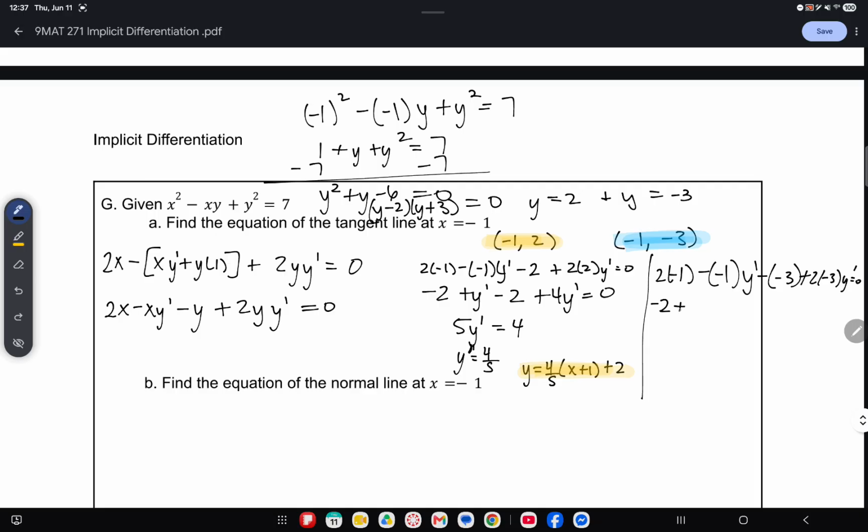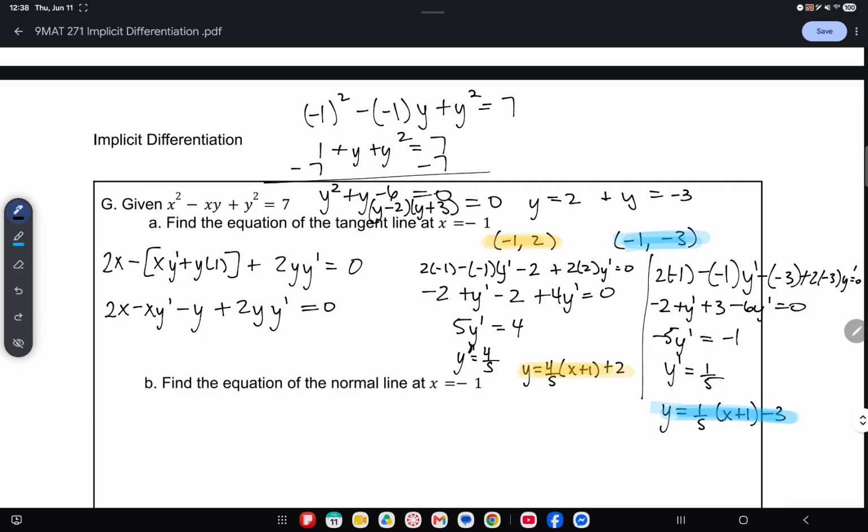So -2 plus y prime plus 3 minus 6y prime is 0. So I get -5y prime this time. And then that would be 1, so I'll subtract it over. So y prime here is 1/5. So that equation is going to be y equals 1/5 x plus 1 minus 3.